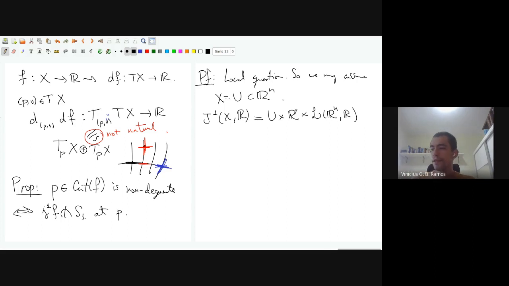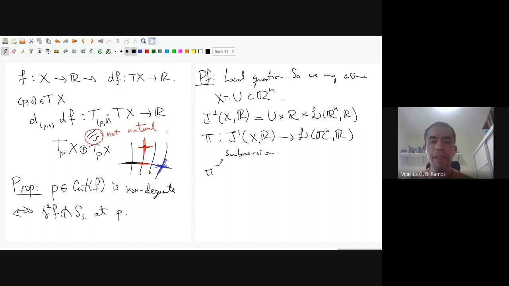Okay. So now we can just think about the projection onto this space. So pi, I'm going to project into here. I mean, it's a projection, so it's a submersion.